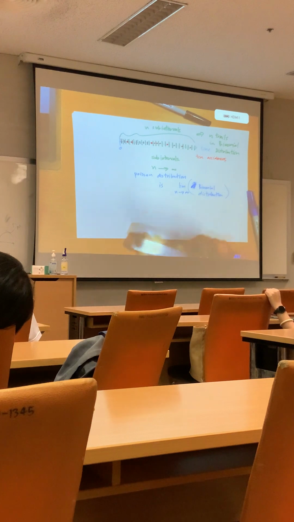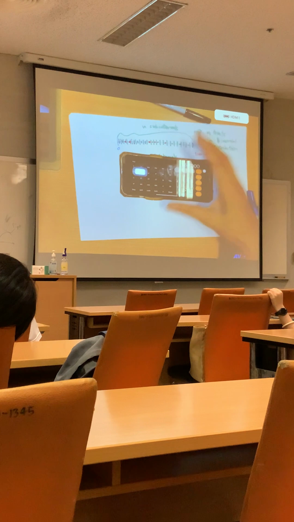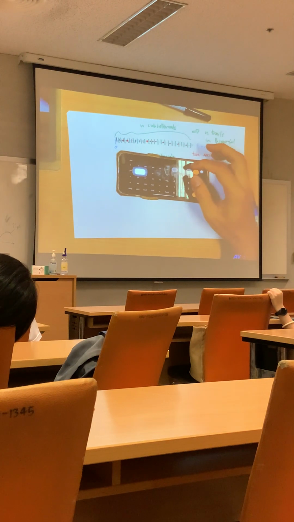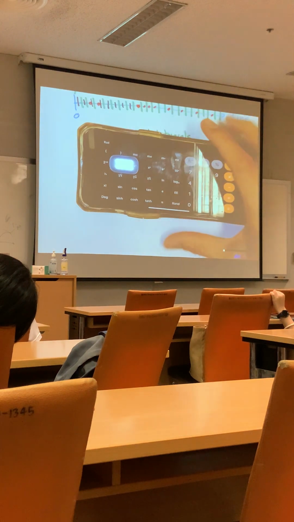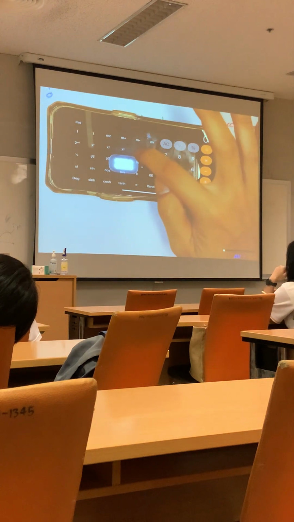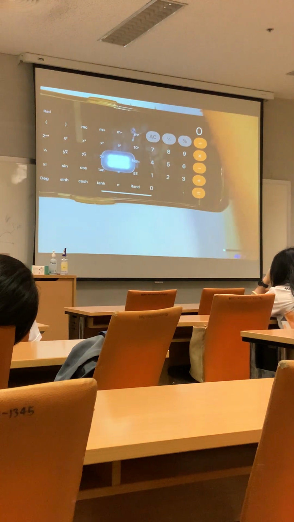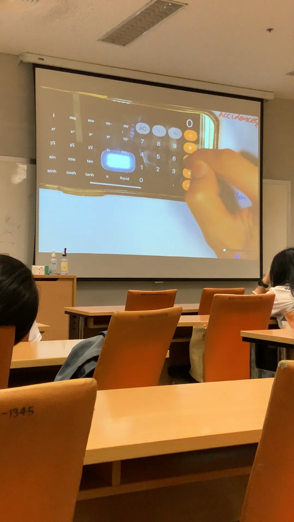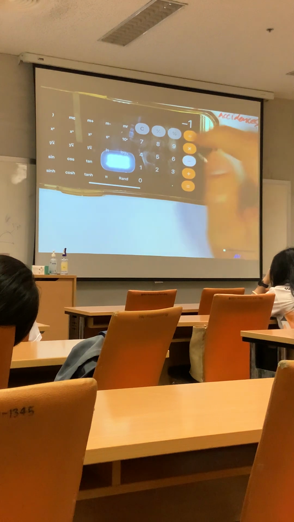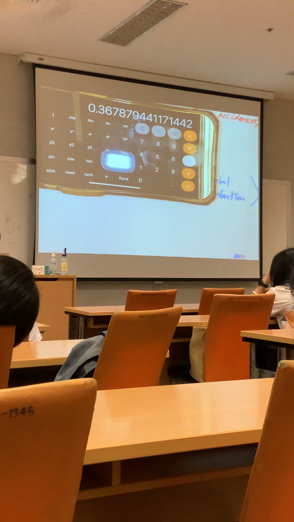So in the iPhone calculator, if you turn it this way, then you have e to the power of x like this. So if you want, I think minus 1, and e to the power of minus 1, just that.